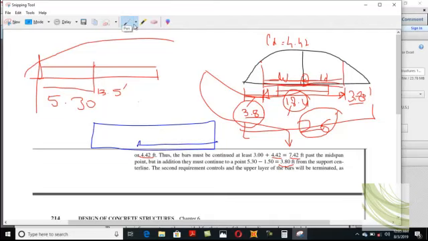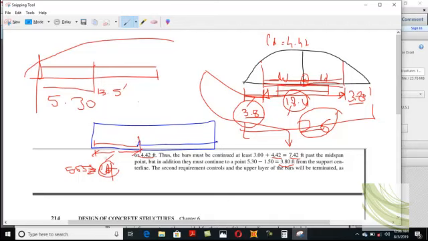Now the rest of the bar which you are extending past the theoretical cutoff point, its continued distance must be greater than or equal to Ld. And as this distance is equal to 5.55 feet, which is more than the Ld, this criterion is satisfied.